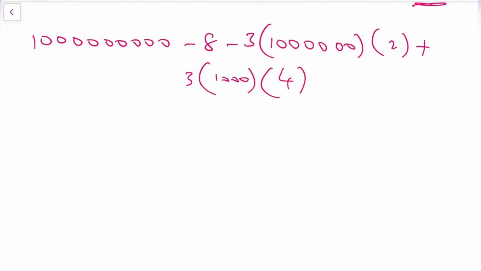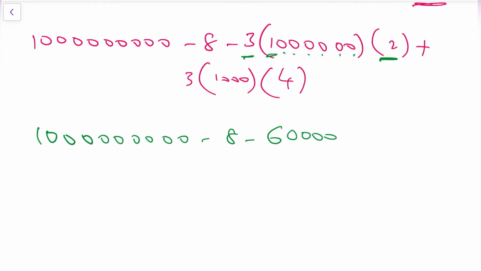First term as it is, 9 zeros, minus 8, minus 3 into 2, 6, with 6 zeros there, plus 3 threes are 3, 3 fours are 12, with 3 zeros. First I will write all the pluses together and minuses together.